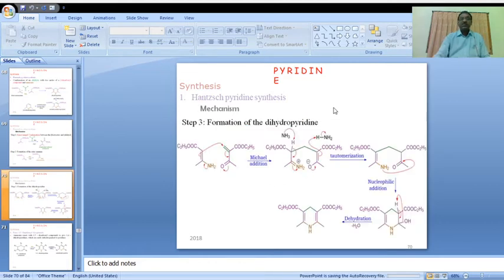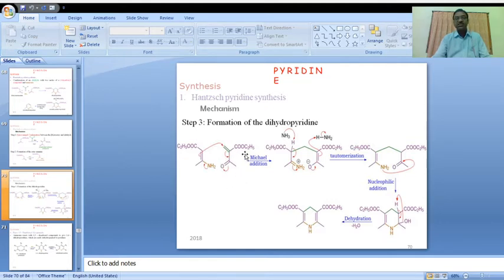which are involved in step 3. Here observe the enamine compound and the unsaturated compound reacting with each other. This is an addition reaction, named the Michael addition reaction.